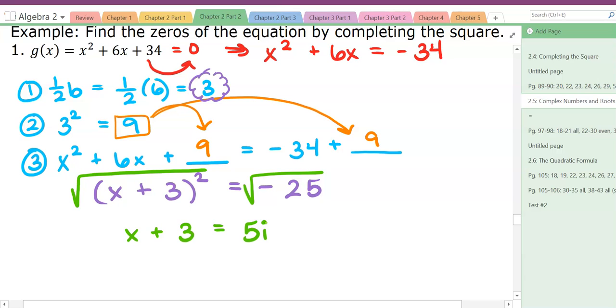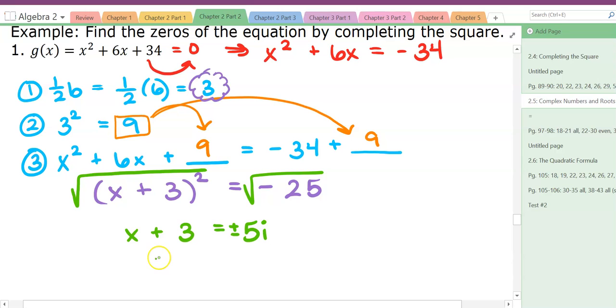Now remember, technically, this is plus minus 5i. That only comes in because I'm going to still have to solve for x here. So I've got to move that plus 3. And it's not just going to be 3 plus 5i, but it's also 3 minus 5i too, because when we square root something, there's the positive and there's the negative piece to it.